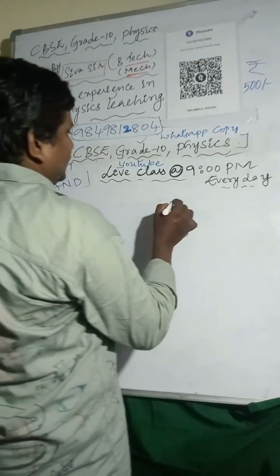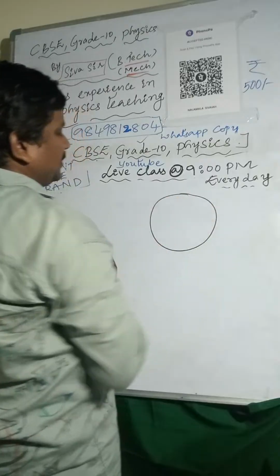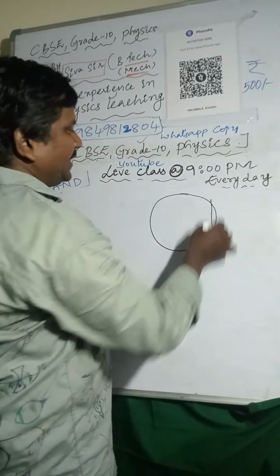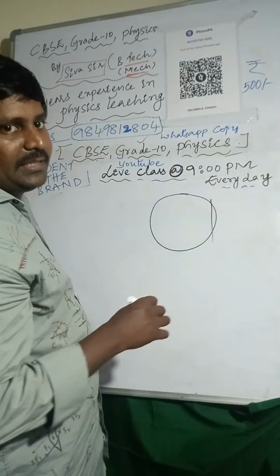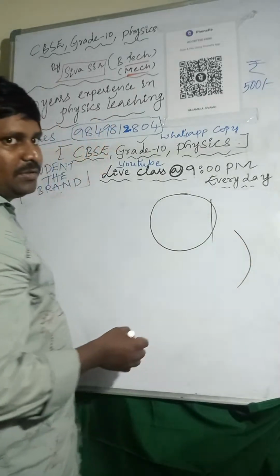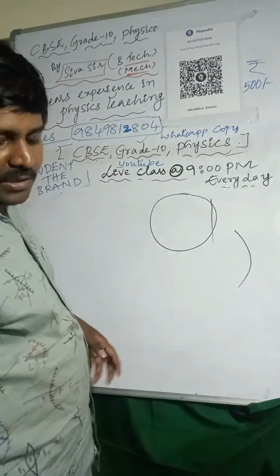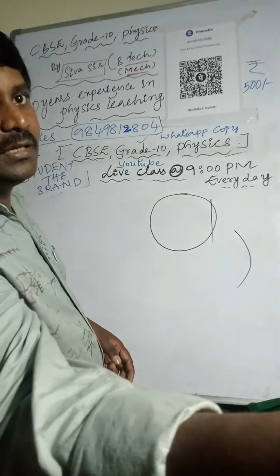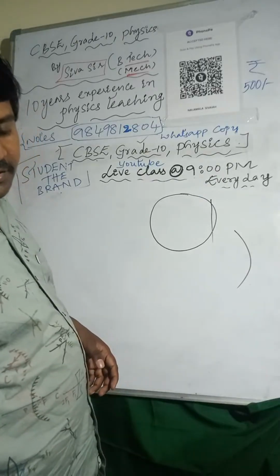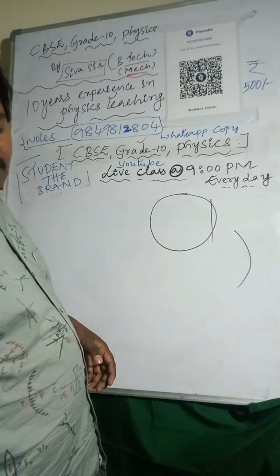Here I am taking the mirror which is in the form of a curved shape. We are considering a small portion here. That small portion is called curvature. When light is incident on it.